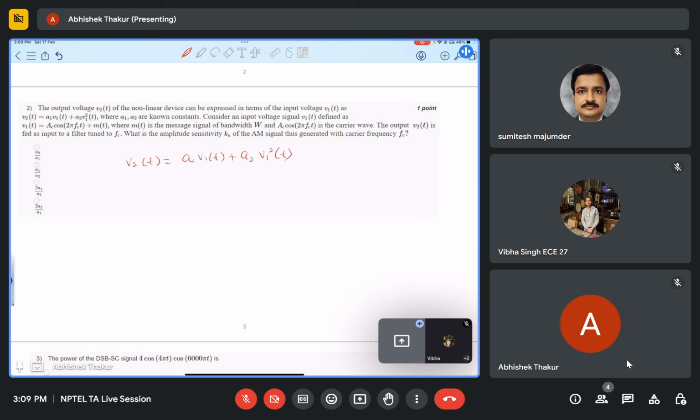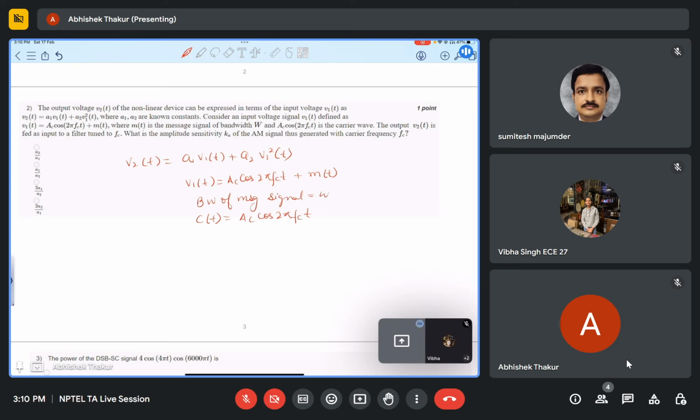Here a1 and a2 are constants, and the input signal is v1(t), given as Ac cos 2πfct plus m(t), where m(t) is the message signal of bandwidth W, and Ac cos 2πfct is the carrier wave, c(t) = Ac cos 2πfct.